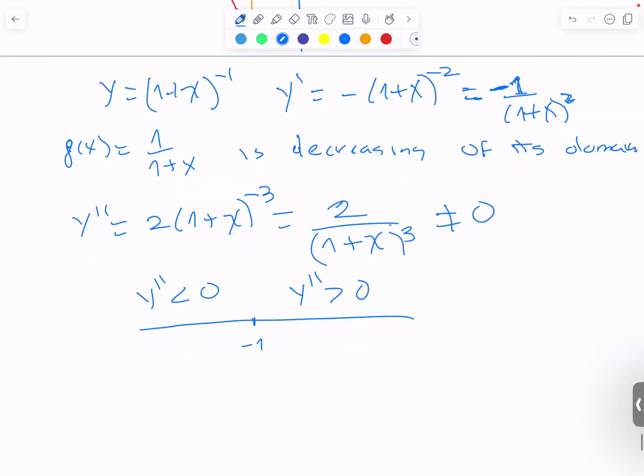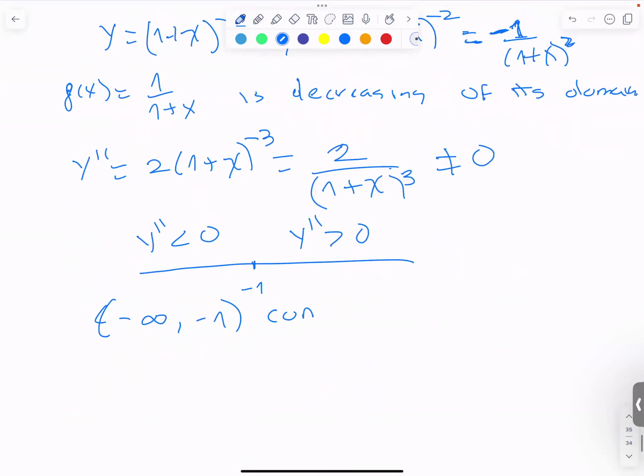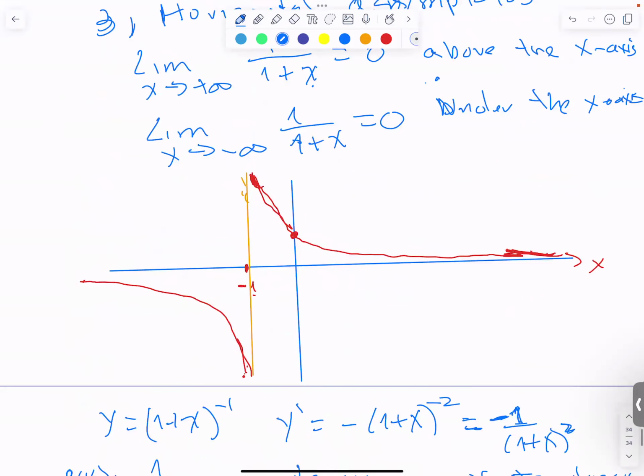So from negative infinity to -1, the function will be concave down, and from -1 to positive infinity, the function is going to be concave up. Now, this is the graph of the function. We don't have to do something more. This is pretty much the graph.